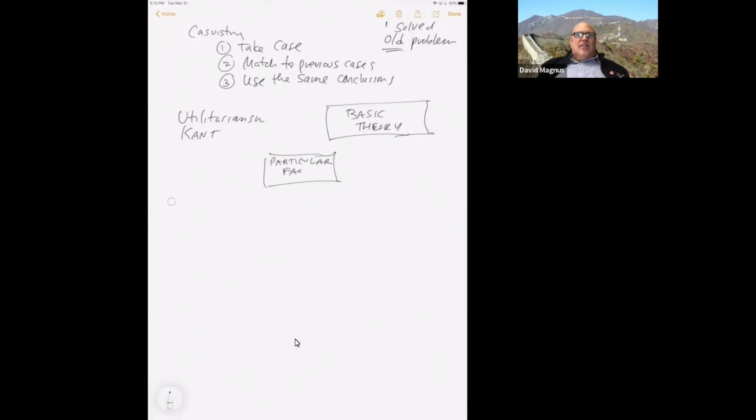Then you basically take the theory, apply it to the case, and from that derive the conclusion for what you're supposed to do. So utilitarianism says maximize utility. You're facing a particular decision, a particular set of facts, and you look and see whether or not it maximizes utility, and if it does, then that's what you're supposed to do.